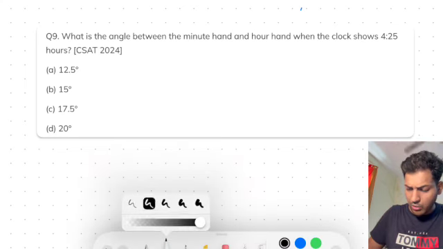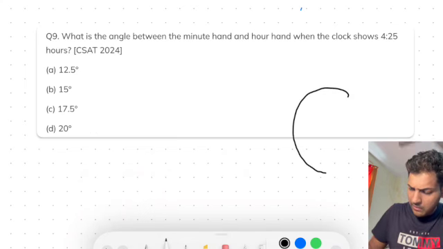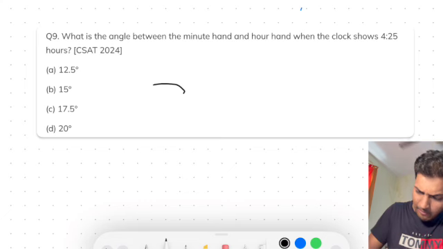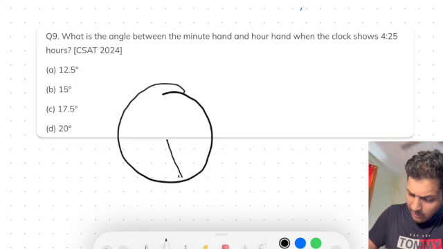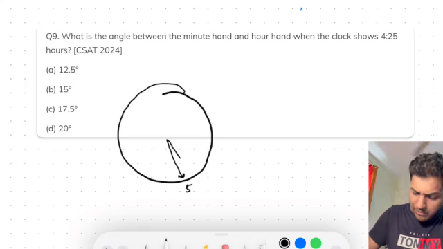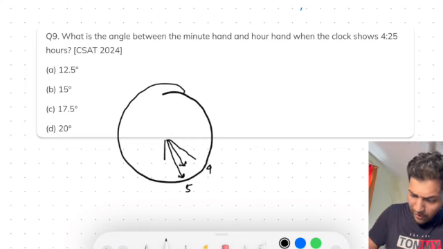See, what you will do, you will make a clock. So what you will do, you will make a clock like this, and the timing they are saying 4:25. So you know, at 25 our minute hand will be at 5, and our hour hand will also be somewhere in between 4 and 5.